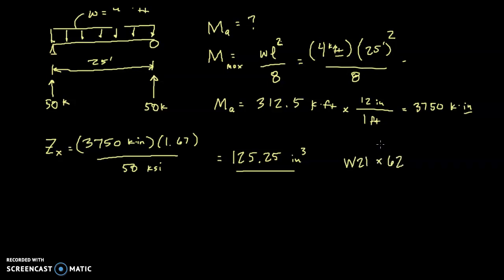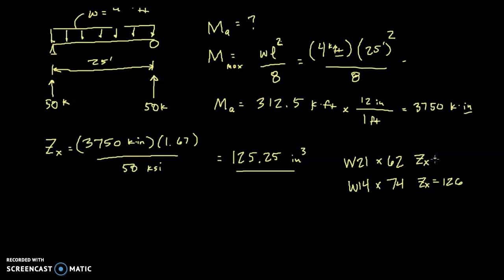Now, looking at the appendix, it looks as though a W14 by 74 could have worked. That has a plastic section modulus of 126. 126 is greater than 125.25, but just above that, in bold, is the W21 by 62.